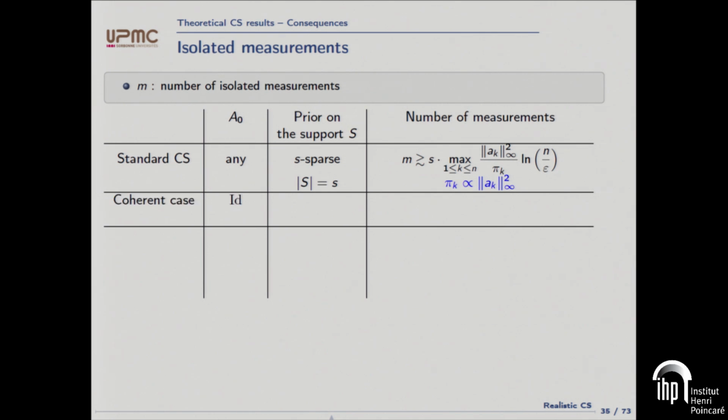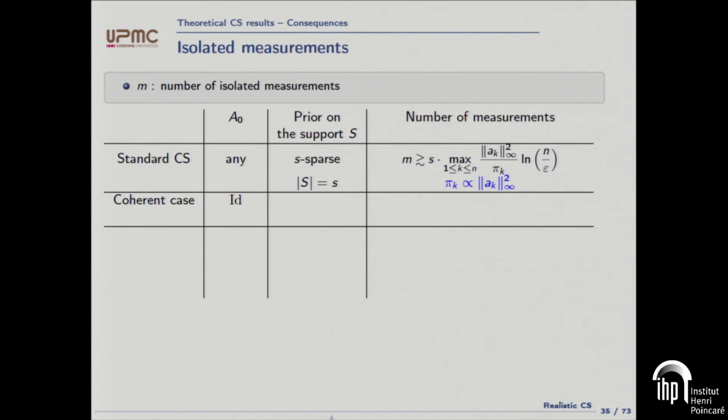Okay, now let's turn to a silly case, which is the case where you sample the identity, which is a really bad idea, because if you randomly sample the identity, there is a high chance that you miss all the information, right? But the thing is now, with the previous theorem that I showed you, you can inject some prior on your support, okay?